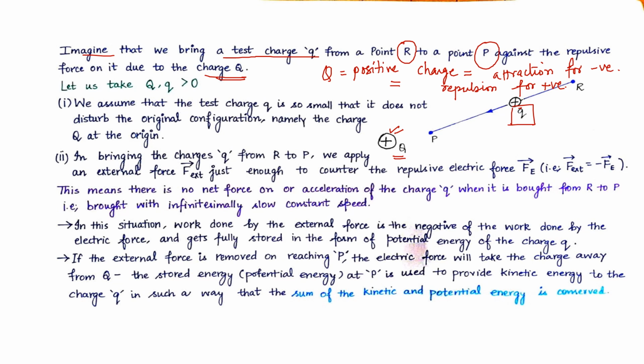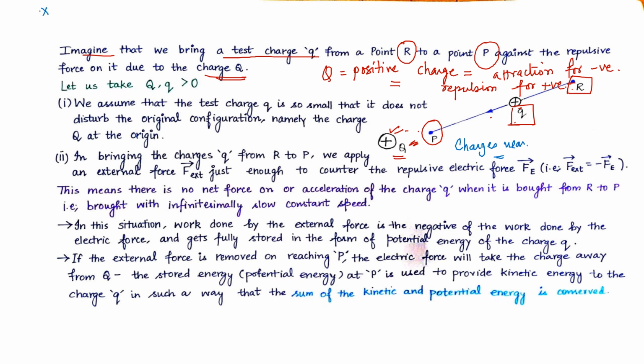This small q was previously at position R. From R we are dragging it to the point P. See, both are positive in nature, so when this charge starts moving towards Q, Q will repel small q, because both have positive polarity. So though the charges are being repelled, we still aim at bringing these charges near.